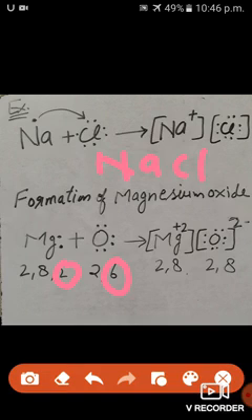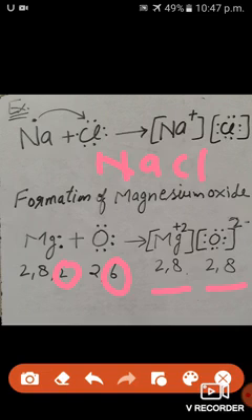Magnesium needs to remove 2 electrons to complete its octet, like neon 2, 8, and oxygen needs to gain 2 electrons to complete its octet and form the O 2-negative ion, also becoming like neon.